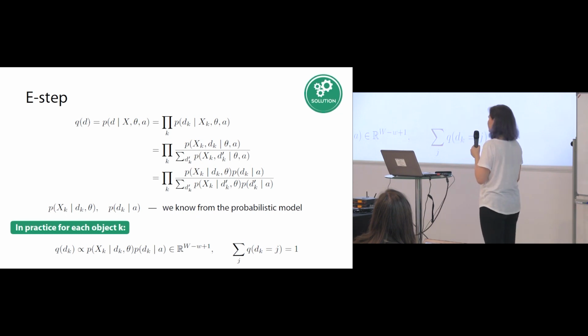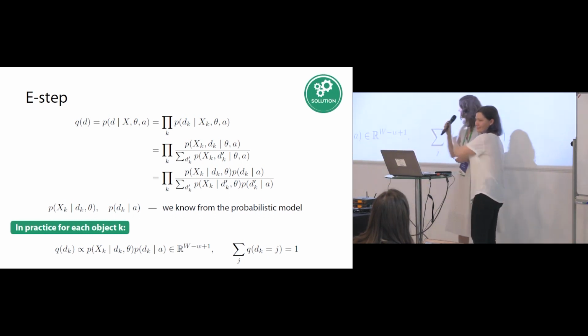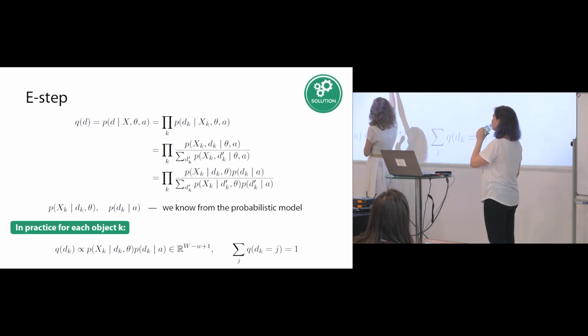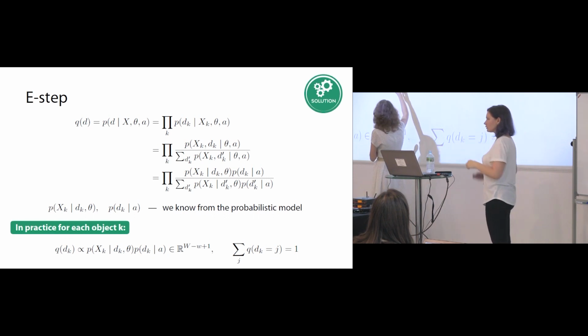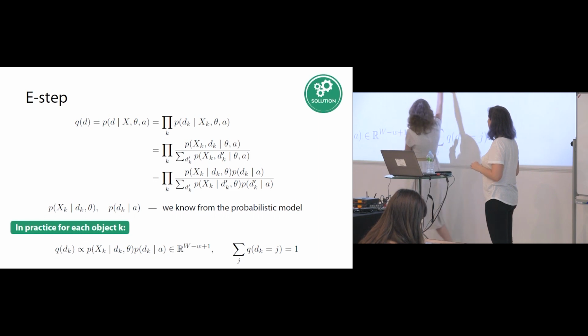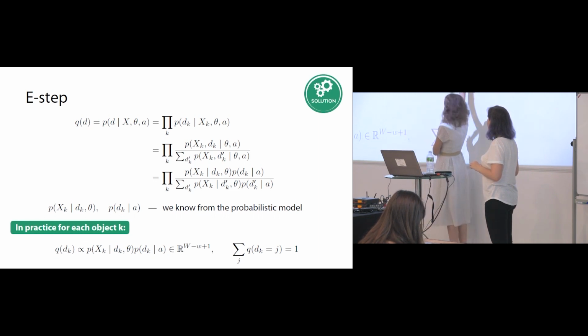We can write the sum over j from 0 to W big minus w small plus 1, and here write the probability of xk given dk equals j, and then the probability dk equals j.